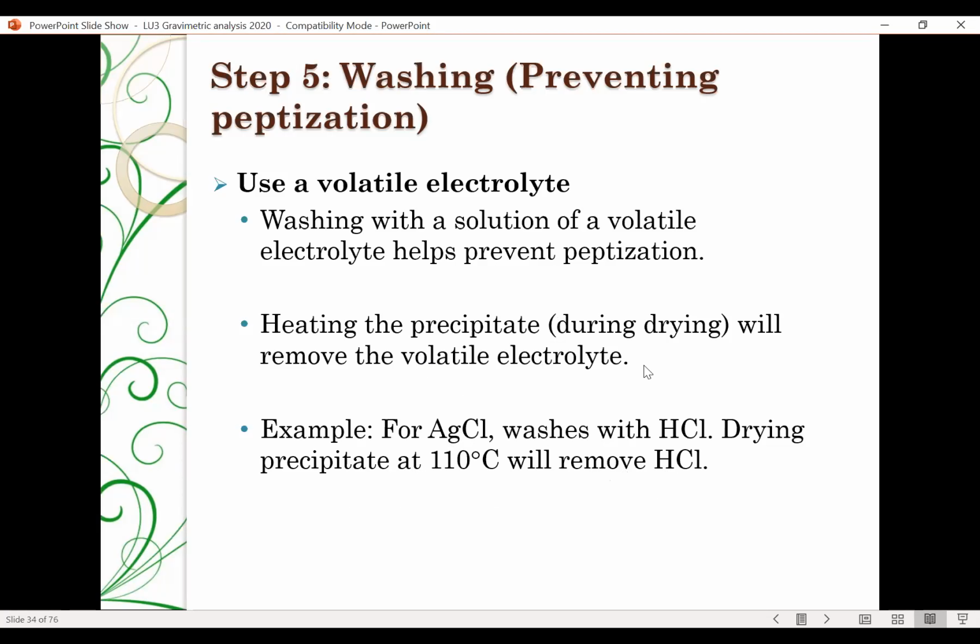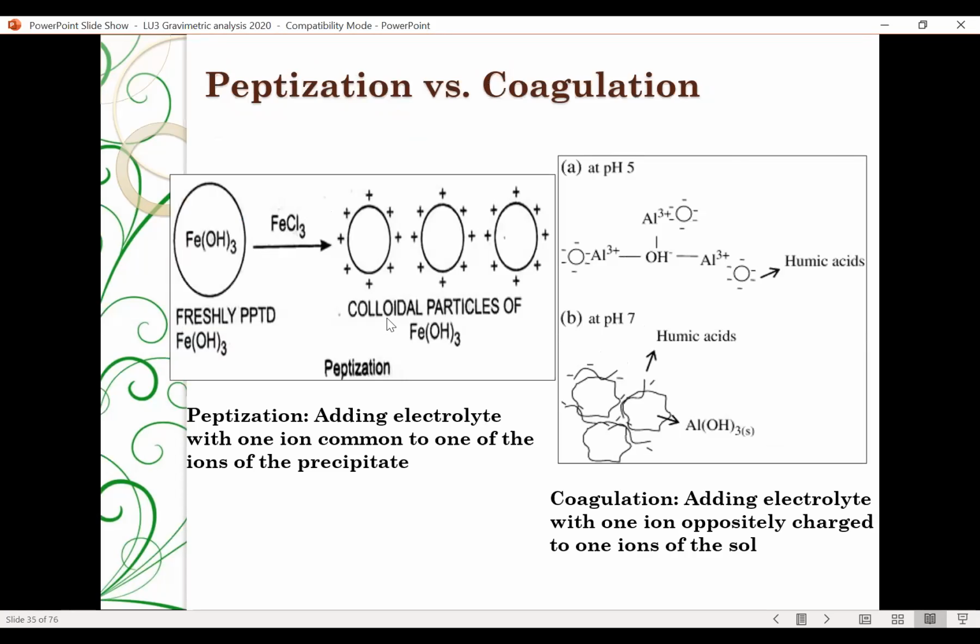The conclusion here is, when you wash with any washing agent, you have to consider whether the washing agent that you use will cause peptidization or it will have no effects on the coagulated precipitates. Of course, we want the final product to be large crystal, so we want to keep the coagulated particles or precipitate.